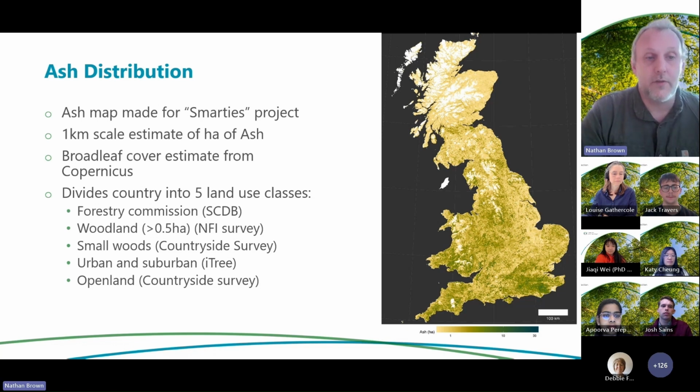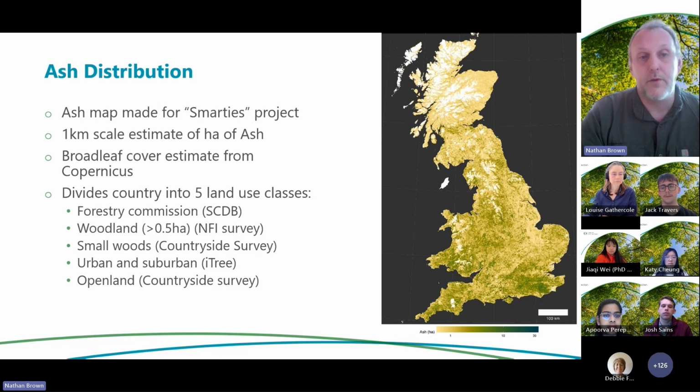So we used broadleaf cover from Copernicus and then divided at the 20-metre scale the country into 5 land use classes, either Forestry Commission woodlands, which are larger than 5 hectares, small woods, urban, and then just a blanket open countryside. And for each of these, we had different estimates that varied depending on region or country for the amount of ash within broadleaf woodland.